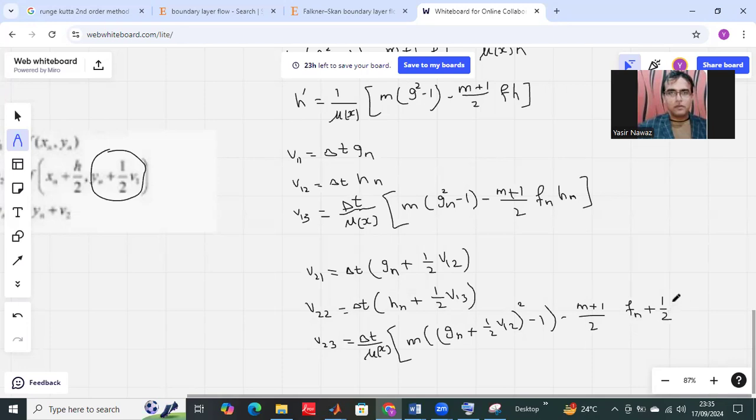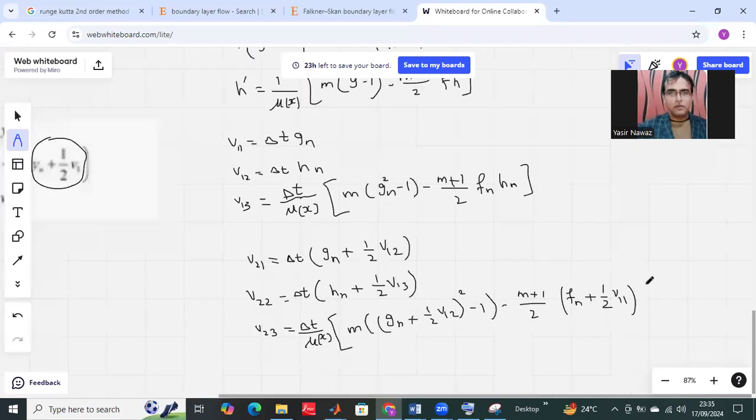For F, the equation would be V11 stage, and then for H, hn plus half V13.